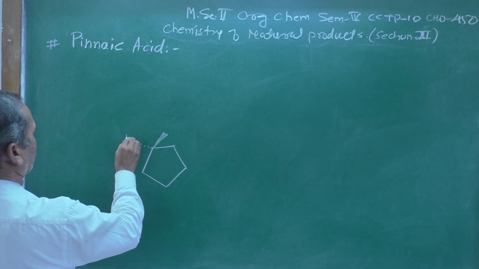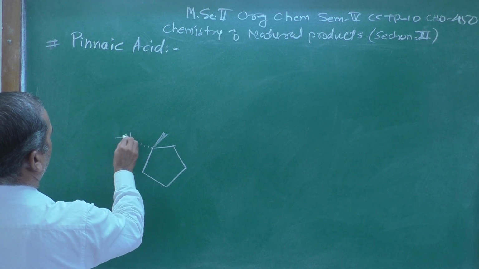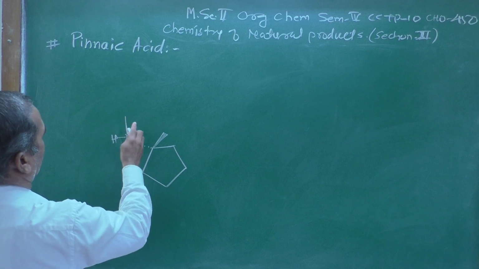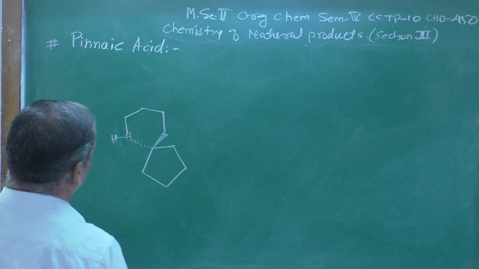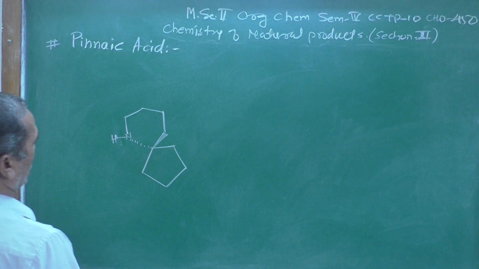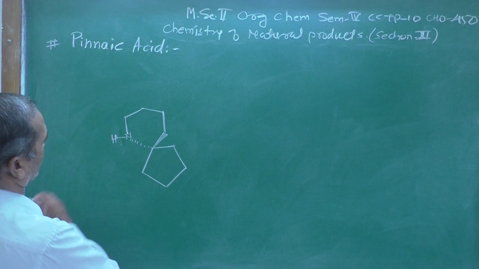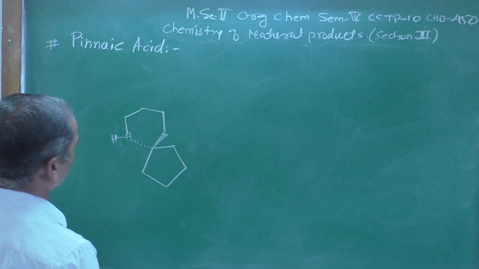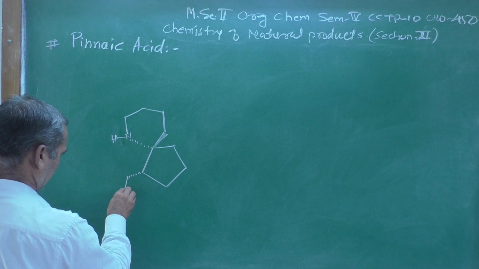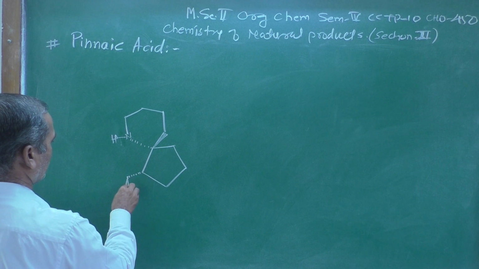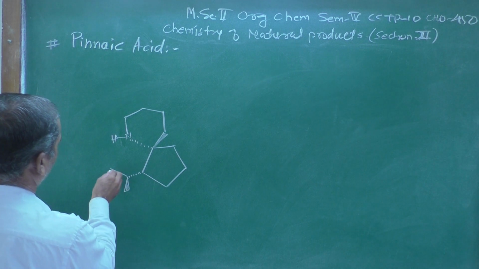See carefully here, NH, this is the 6-membered ring, and that is a spiro-type bicyclic compound. One of the groups is attached to the 5-membered ring, and the other side is like this.